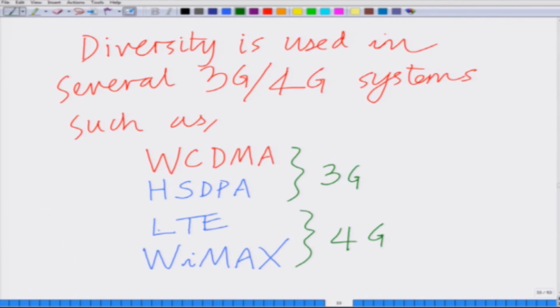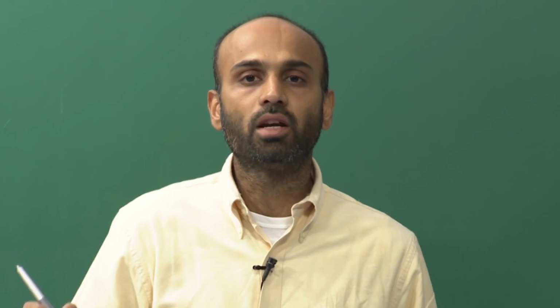So, diversity is a key principle that is exploited in 3G and 4G wireless standards to significantly reduce the bit error rate of wireless communication and thereby significantly improve the reliability of wireless communication systems. And one of the ways to exploit diversity, as we have seen, is through receive diversity, which is basically done by increasing the number of antennas at the receiver.